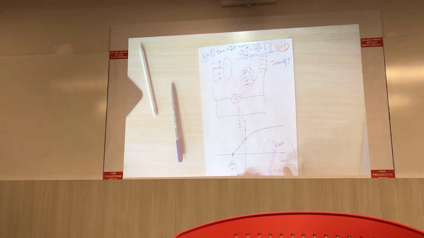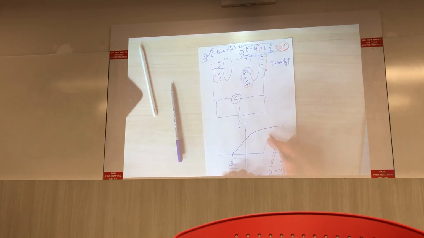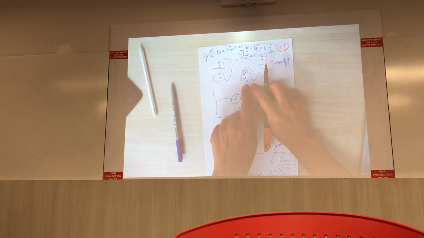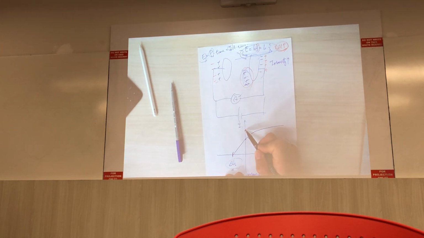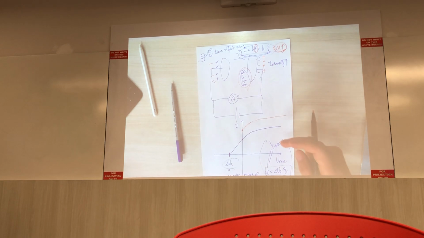And then I'm going to increase this, I now apply this external potential. Therefore, this external potential will push this electron, so it will contribute to this increase of the current. And then this will be saturated, because ultimately the current is determined by the number of photons.